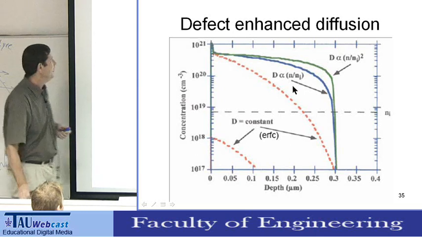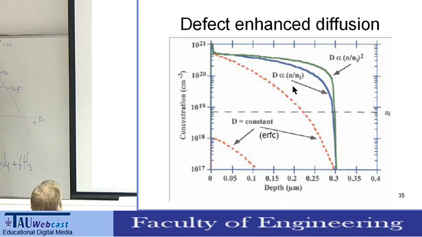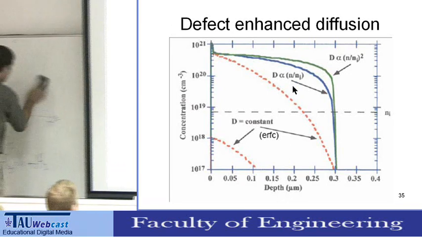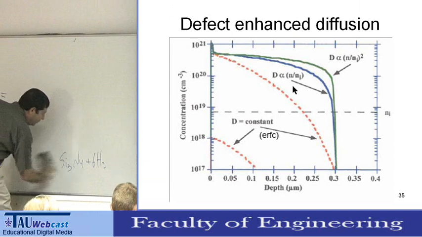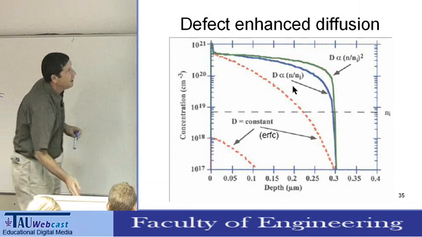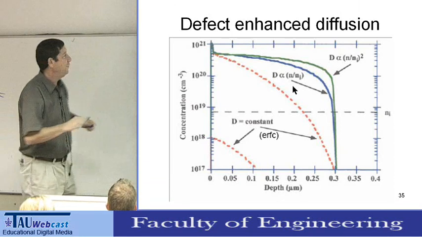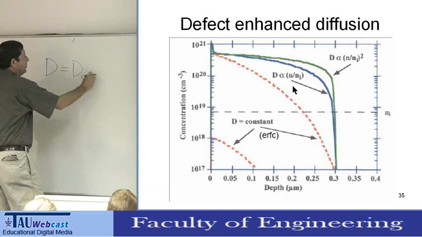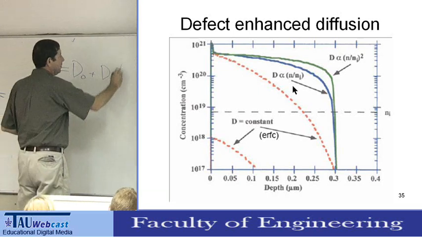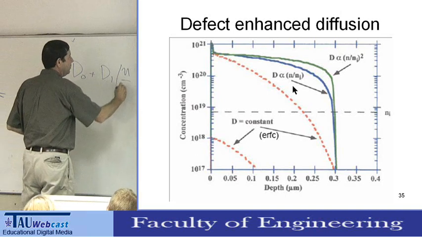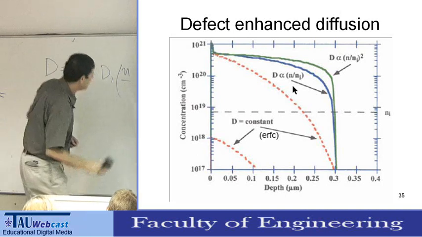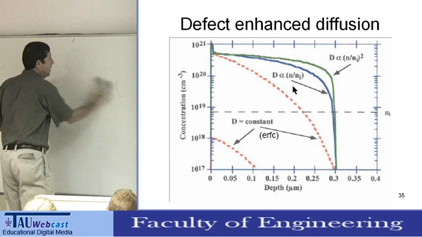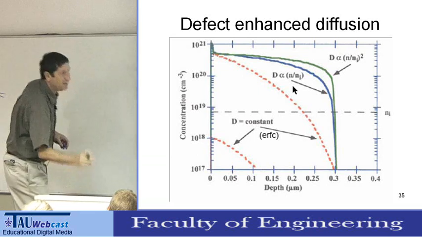And the reason, it was found out experimentally, the diffusivity of arsenic and boron and phosphorus is like some D0 plus D1 and N over, let's give you the exact expression later.